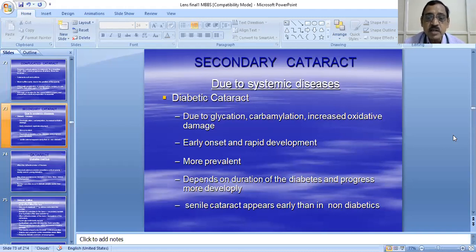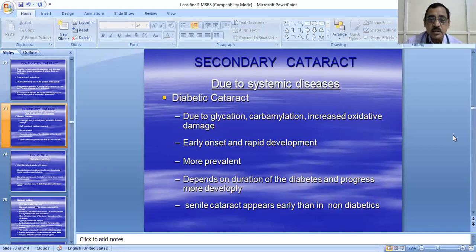Diabetic cataract occurs because of glycation, carbamylation and increased oxidative damage. In diabetics, senile cataract may occur early and can develop very rapidly. Cataract is more prevalent in diabetics when compared to the non-diabetic population.